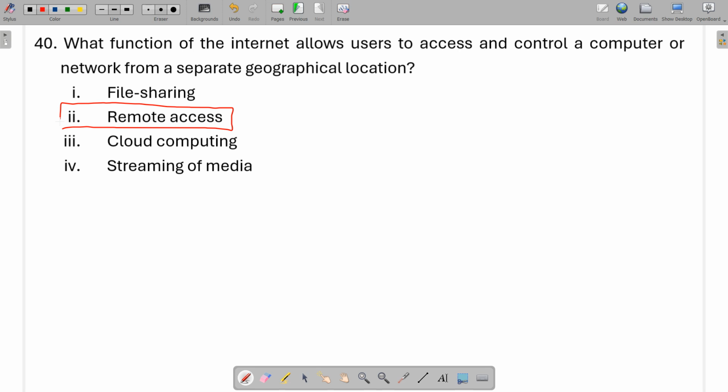So it's not going to be an answer. Streaming of media is never going to be the answer, because streaming of media is some other concept where they store the media in one particular place and share it to be accessed by any person through that streaming. So the suitable answer is going to be the second one for the 40th.